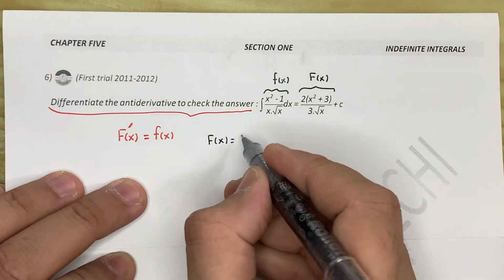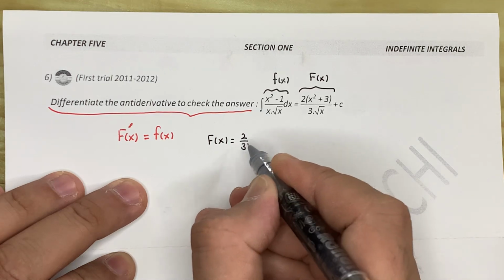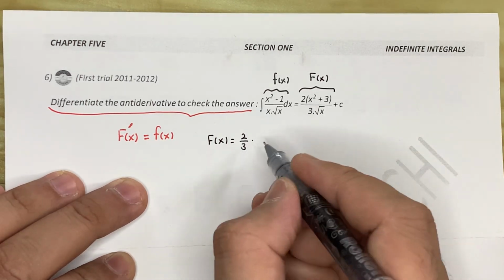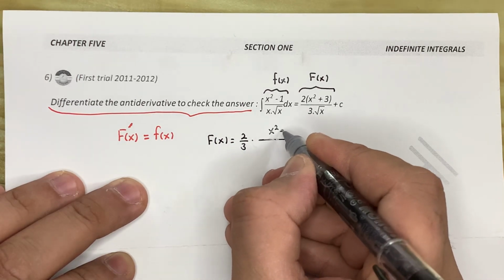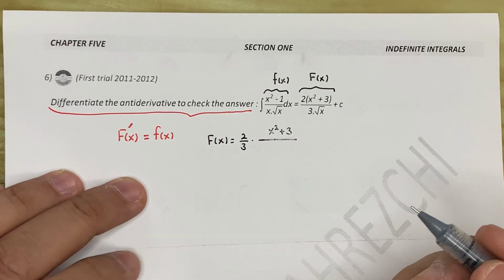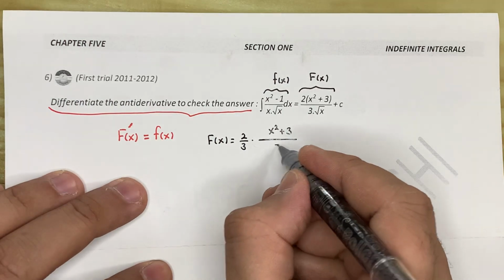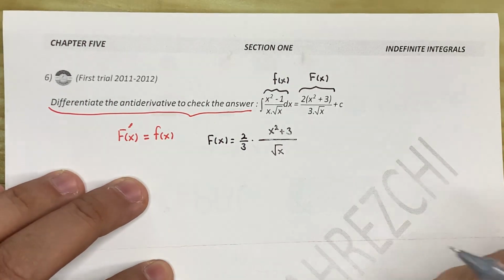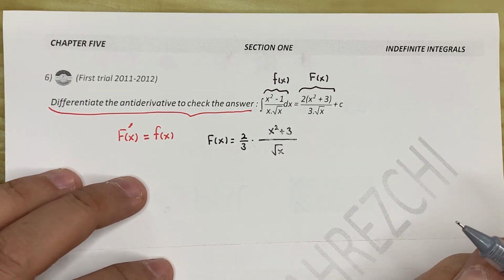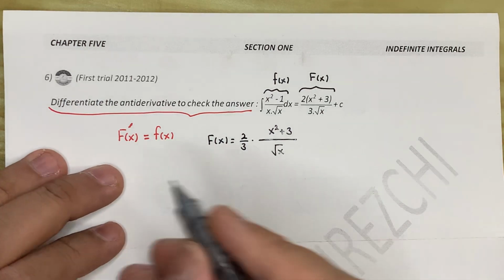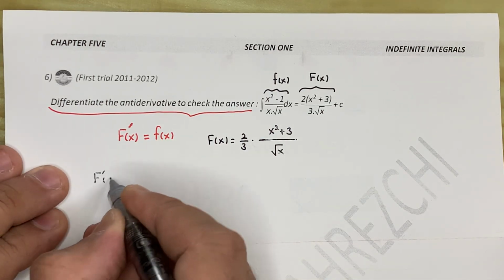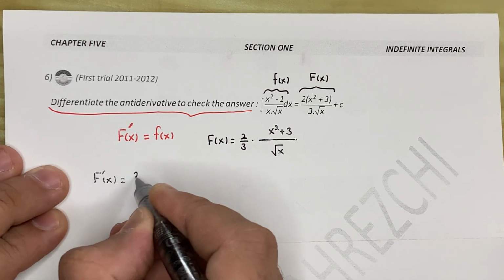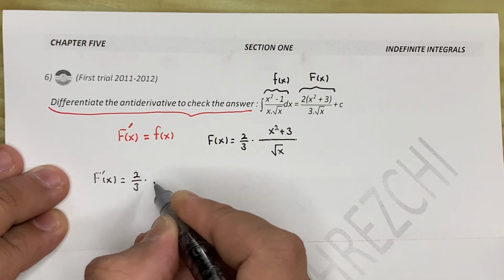the antiderivative, 2 over 3 is a constant, if you see, and I have a fraction. I cannot say rational function because the definition of a rational function is polynomial divided by polynomial. This one is not. This one is a fraction, polynomial divided by radical function. And now let us take the derivative. F capital prime, keep the constant, 2 over 3 times.